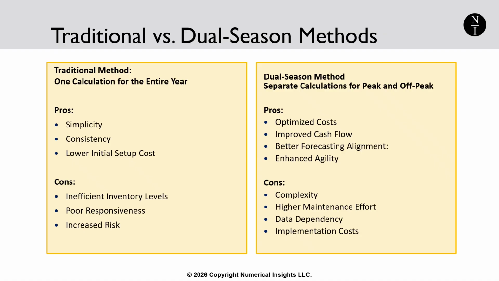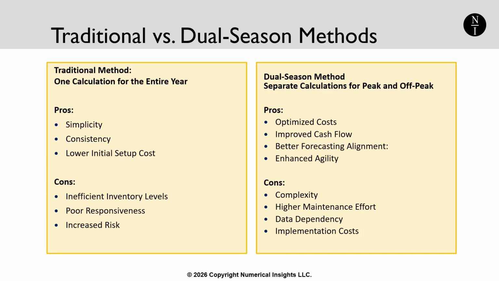It has enhanced agility. It allows quick adaptations to changing seasons or market shifts, giving a competitive edge in volatile industries. Now, what about the cons? Complexity. It adds complexity because it requires robust data systems and expertise in seasonal forecasting and inventory formulas.